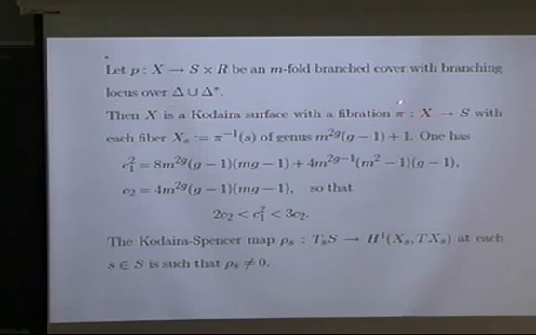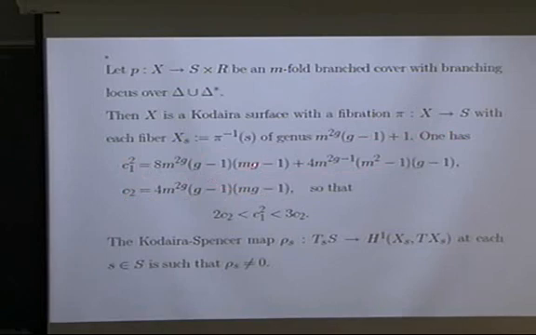It fibers over S, and each fiber X_s over a point in S, you can compute easily, has genus m to the power 2g times (g minus 1) plus 1. You can also compute C1 squared and C2, given by these expressions.